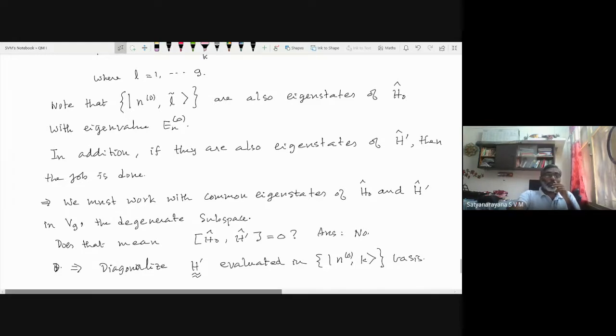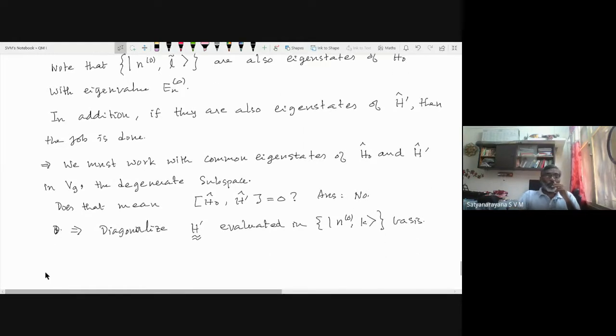Okay, now if you diagonalize them, the eigenvalues of H prime are first order corrections for energy.